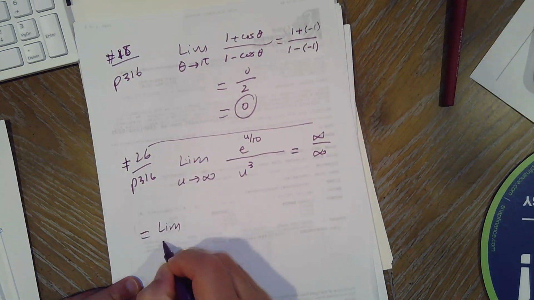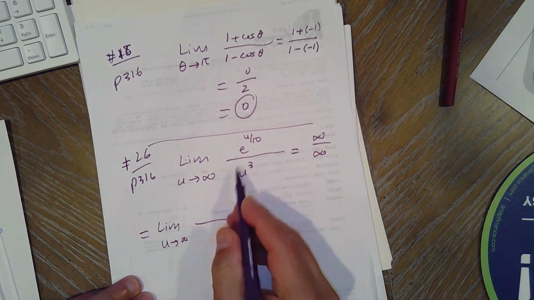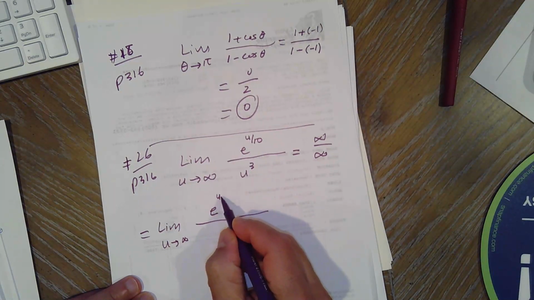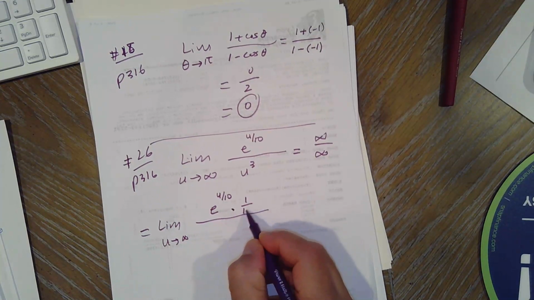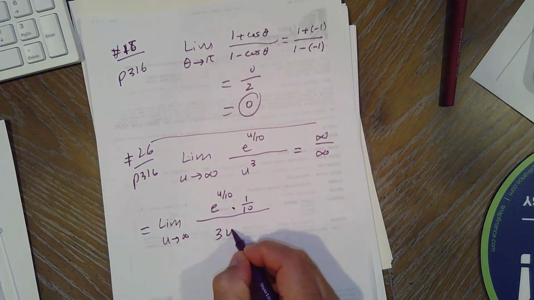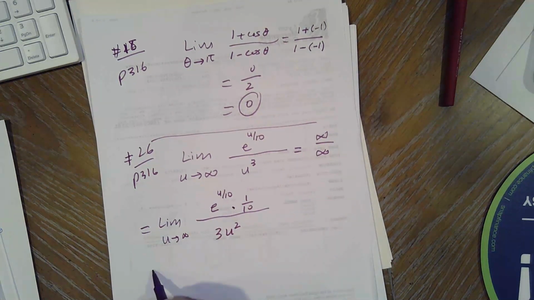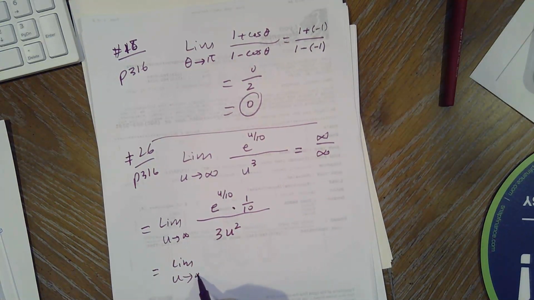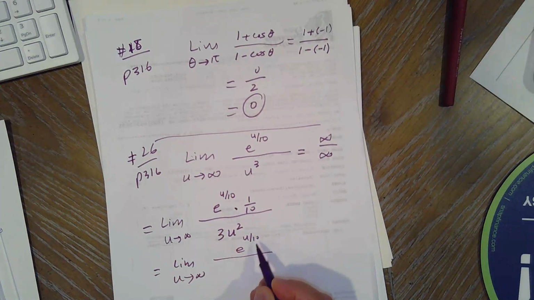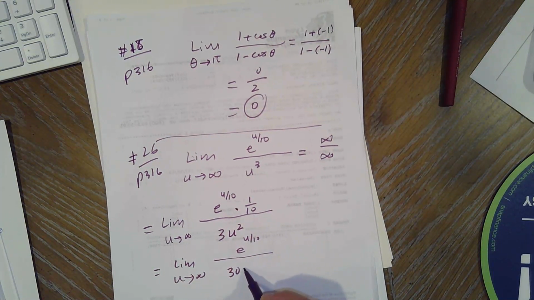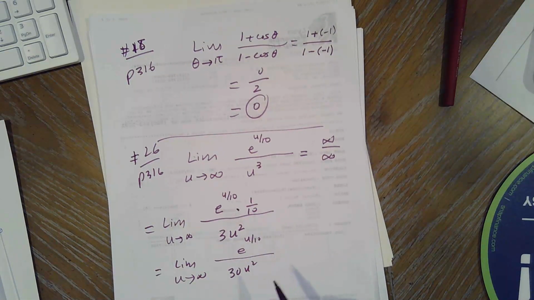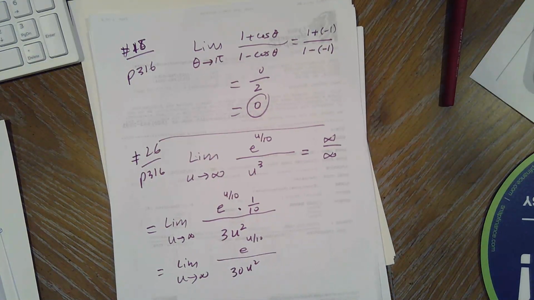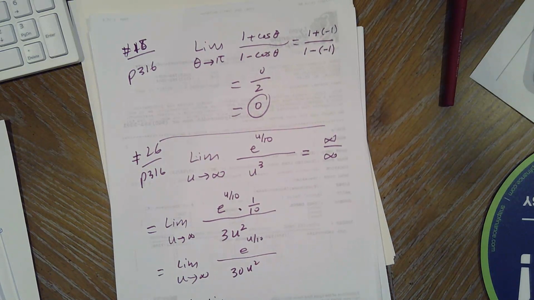So the limit as u goes to infinity, the derivative of e to the u over 10 is e to the u over 10 times the derivative of u over 10, which is 1 over 10. The derivative of u cubed is 3u squared. So this is the limit as u goes to infinity of e to the u over 10 divided by 30u squared, since the 10 at the bottom times 3u squared is 30u squared. 30 is a constant, so we can move it out: 1 over 30 times the limit as u goes to infinity.